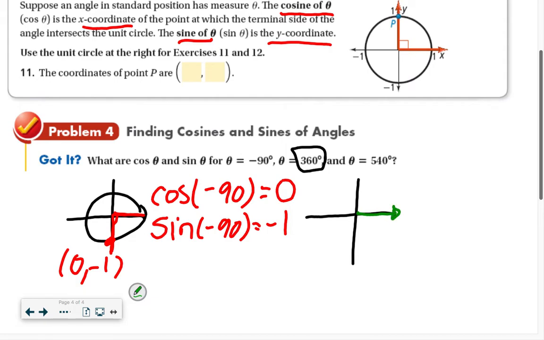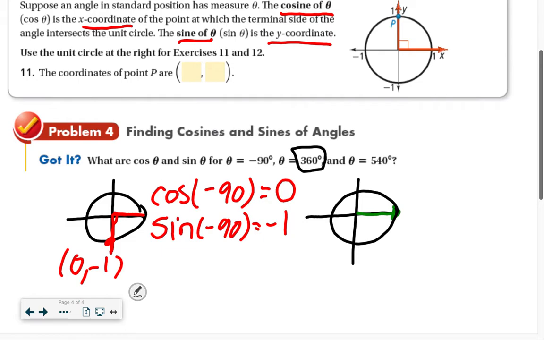Our coordinate is 1, 0. It has to be on the x. Because otherwise we'll make it more complicated, that's what we do. Okay, so let's make my unit circle.